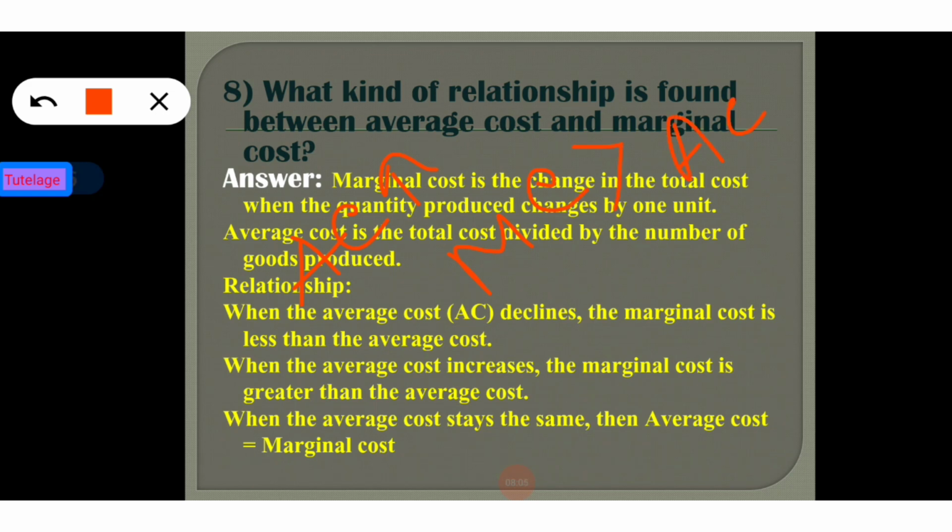Clear? And when average cost stays in the same position, the average cost is equal to marginal cost. So when AC is declining, MC is less than AC. Okay, I think this is clear.